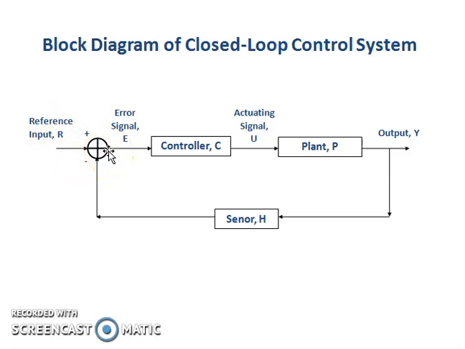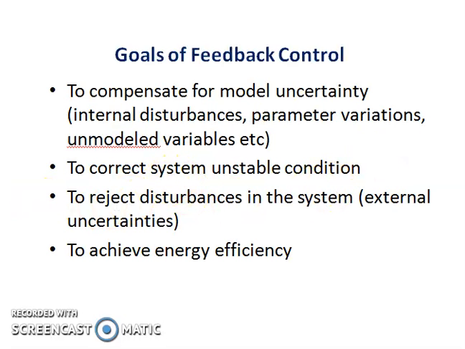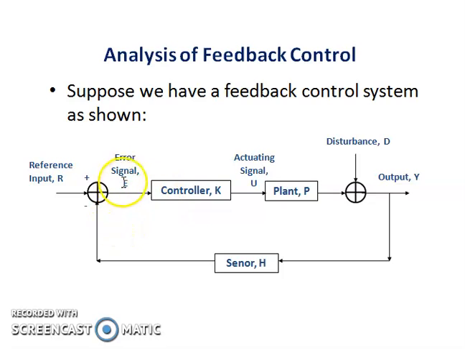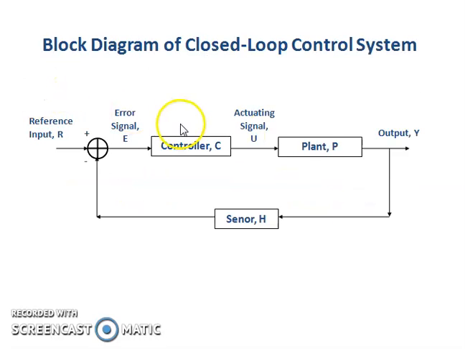When there is a departure between the measured output and the reference input, an error signal is produced, and that error signal is used by the controller to produce an actuating signal that will drive the plant appropriately so that a desirable output can be produced. And the process continues on the error until the error signal is nullified.